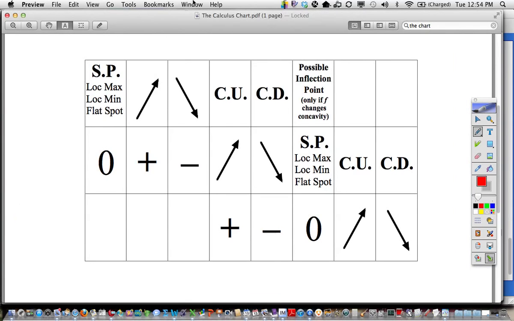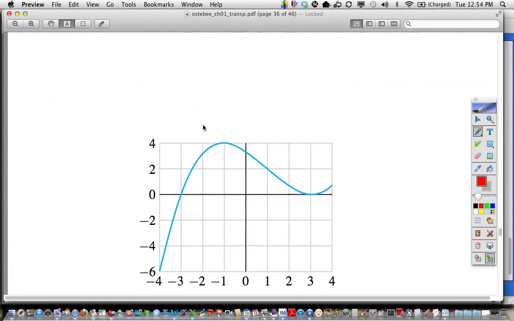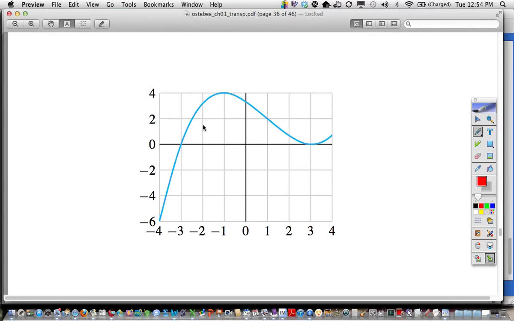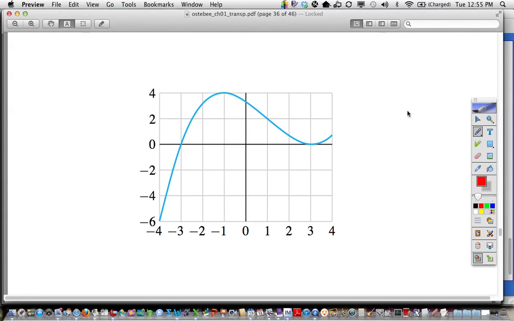All right, now, here is, this was on your homework the other day, 37 through 45. Now, I want to just reiterate to you that this will be a kind of a major piece of being able to do the problems here.